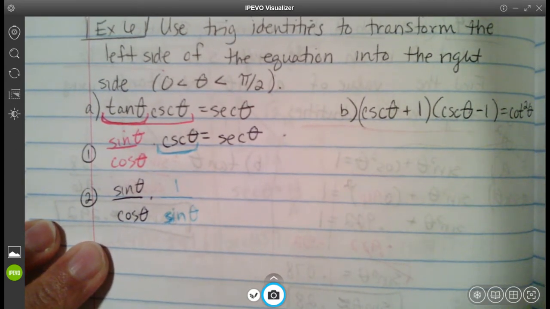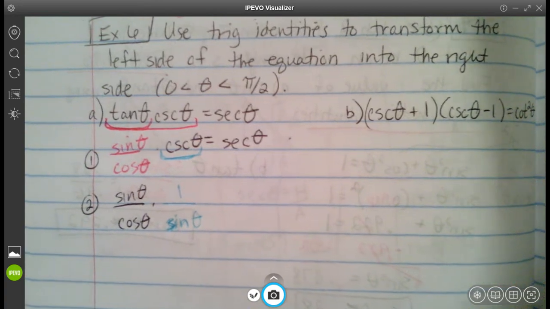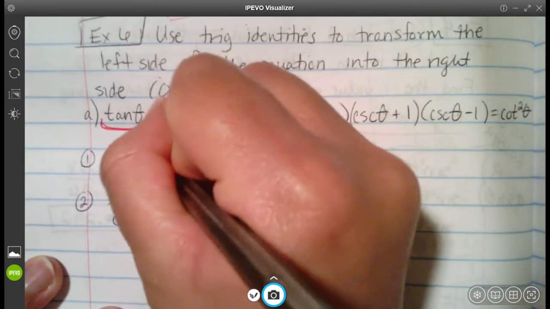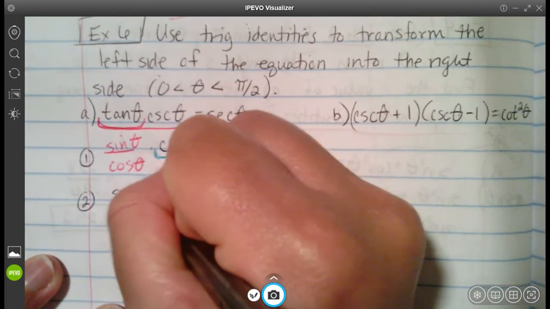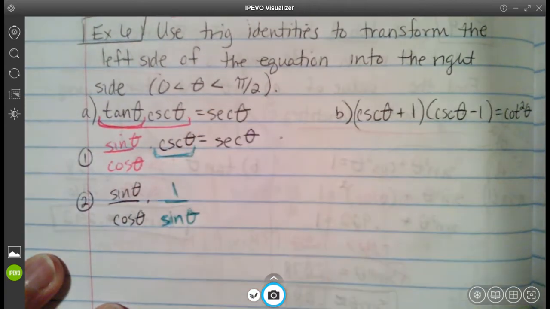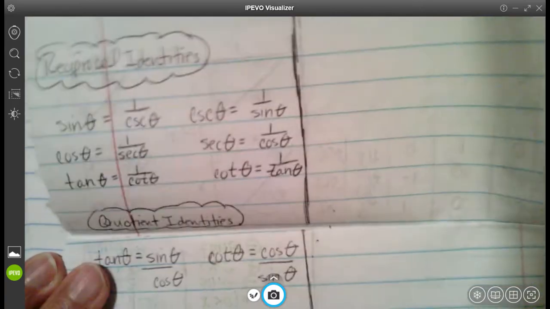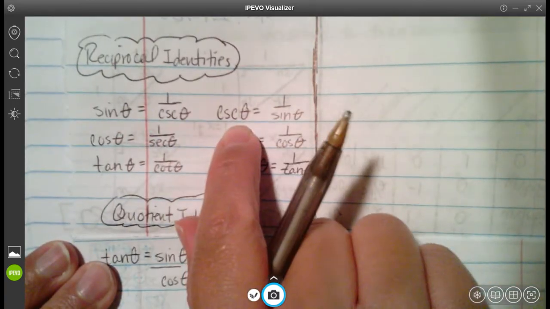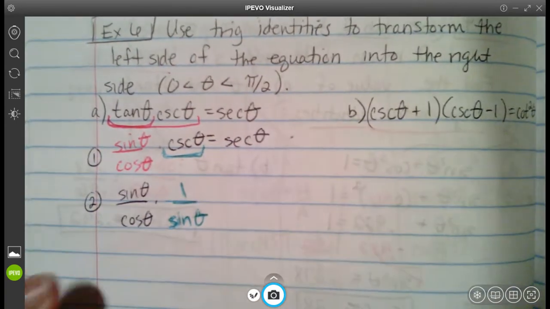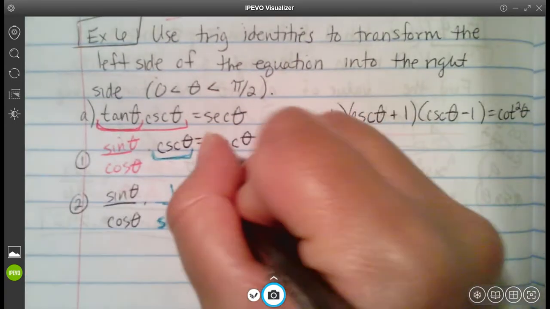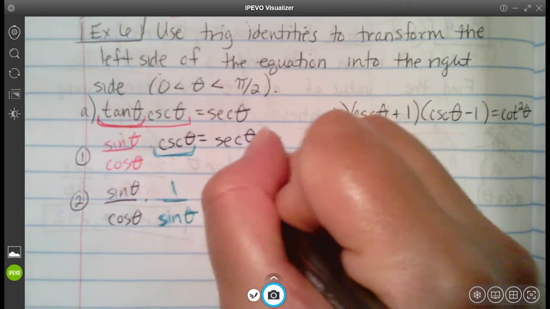Let me get a different one. Let's use this one. There we go. 1 over sine of theta. And if you don't believe me, just look at your identities. They're there. Cosecant is 1 over sine. So there it is. And this is all supposed to equal secant of theta.